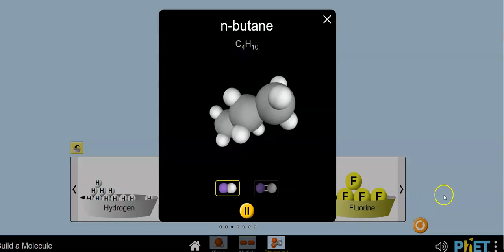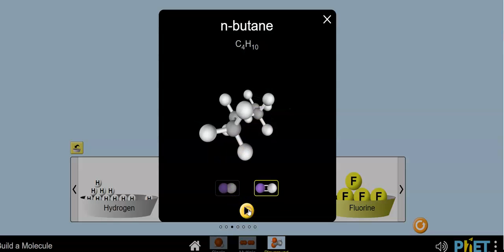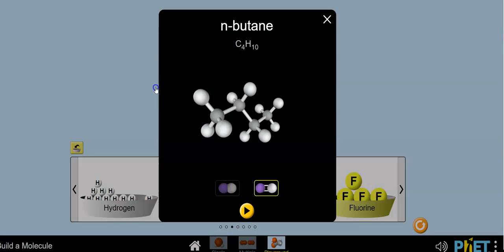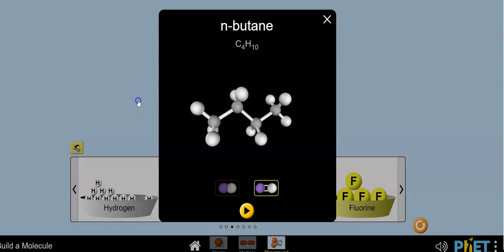So let's take a look at the ball and stick model of this compound. And I want to show you, it kind of looks like a sea dragon. Let's see if I can get it to turn. There we go. Now what I want to show you is the four carbon atoms in the center chain. One, two, three, four.